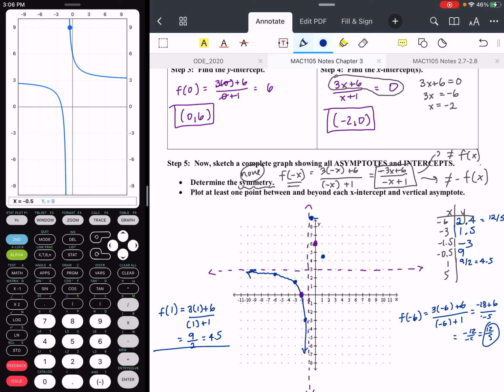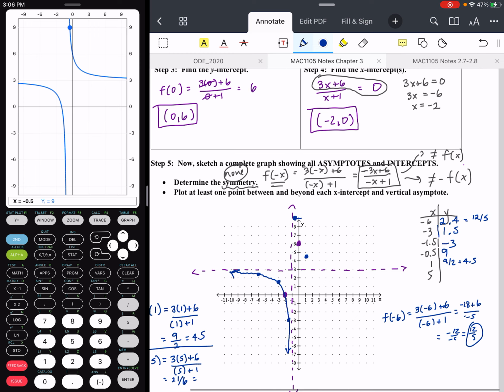And then f of 5, because my calculator is freezing on me, f of 5 would be 3 times 5 plus 6 over 5 plus 1, which gives me 15 plus 6, so 21 over 6. Top and bottom are divisible by 3. They both have a common factor of 3.